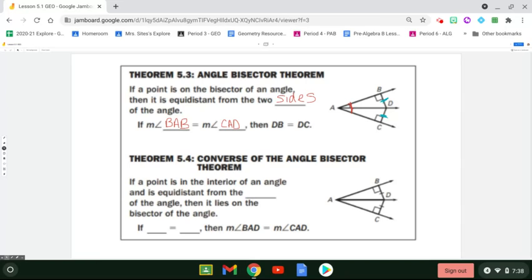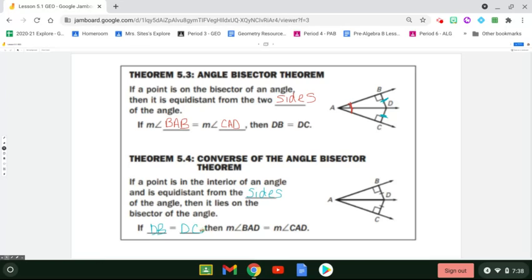And we also have its flip-flop down here. If a point is in the interior of the angle and is equidistant from the sides of the angle, okay, so we're still looking at point D and we're going to the sides of the angle, then it lies on the bisector of the angle. Okay, so we got the flip-flop. So this time we have, if we have DB is equal to DC.